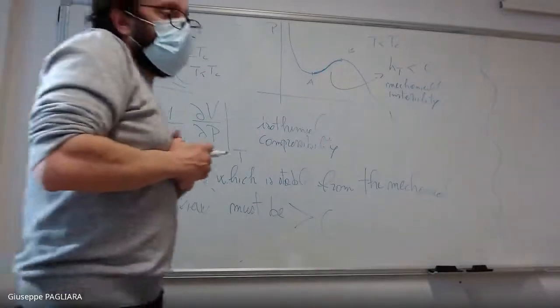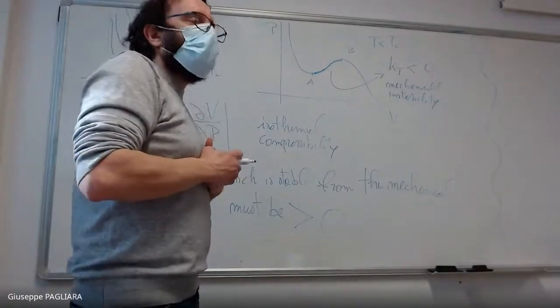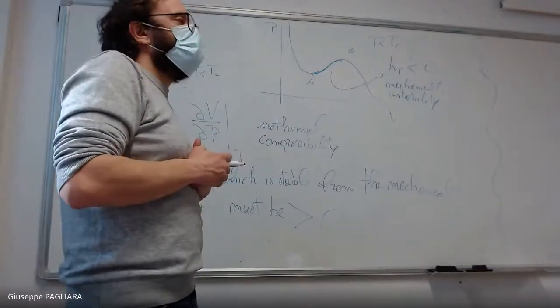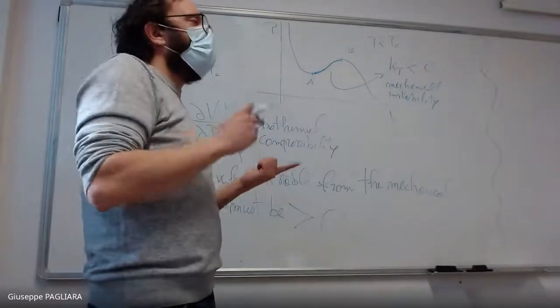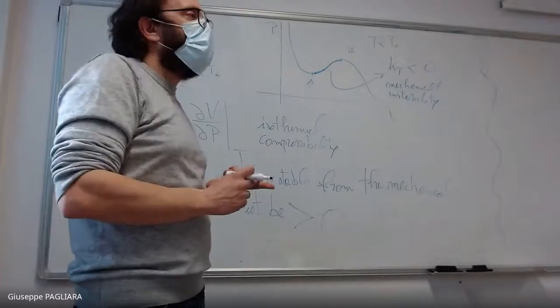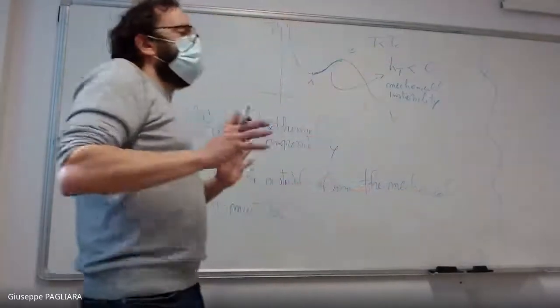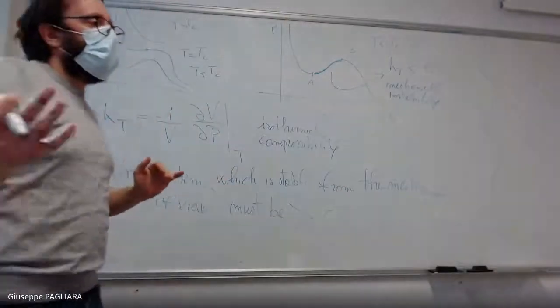So in a system in thermodynamical equilibrium, because thermodynamical equilibrium is a general statement that concerns mechanical equilibrium, chemical equilibrium, and thermal equilibrium, in a situation like that we are moving in a region which is beyond thermodynamics.